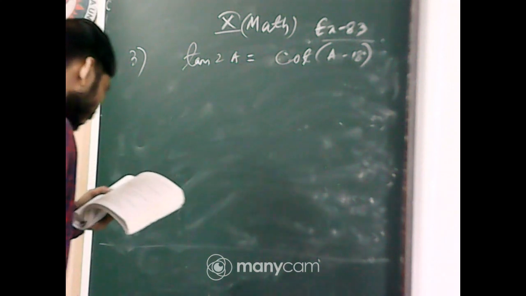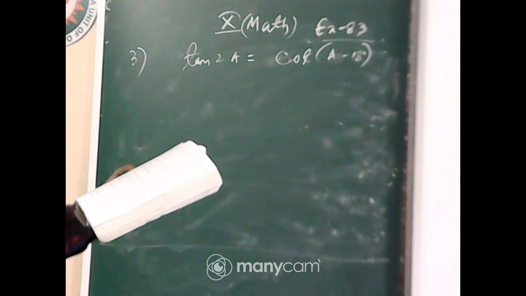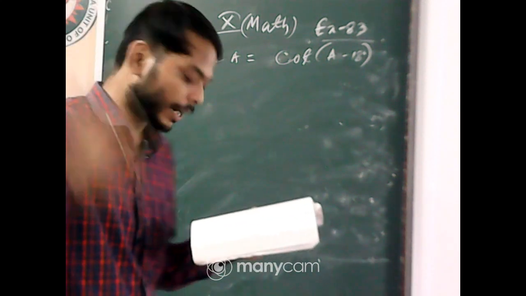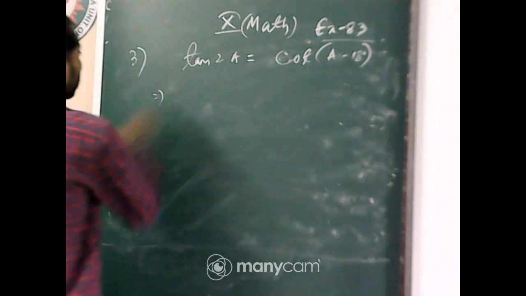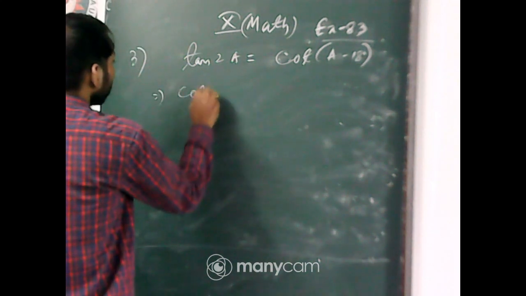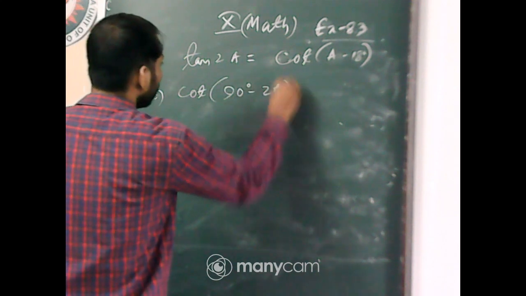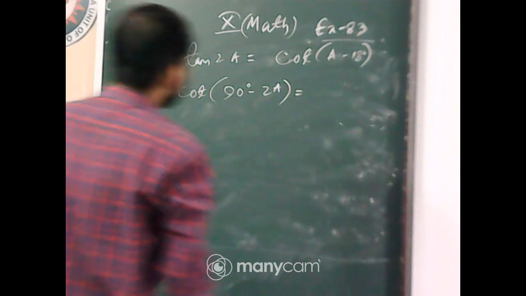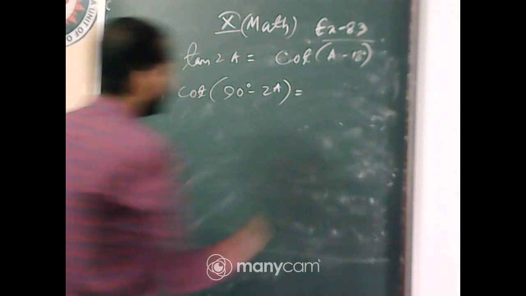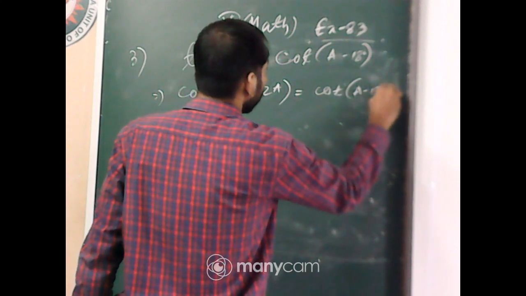Now, here it is given that 2a is an acute angle. That means 90 degree minus 2a is also an acute angle. And find the value of a. Now here, instead of tan 2a, we may write cot 90 degree minus 2a by the complementary relation, equals to cot a minus 18 degree.